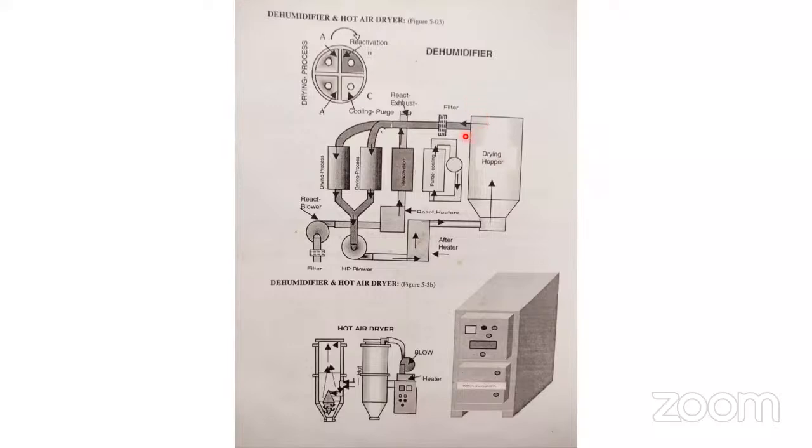And in some cases, suppose polypropylene, polyethylene, a hot air dryer can work there. Nothing will happen. Now, see, there are 4 compartments in the dehumidifier. Each compartment has a function to absorb the moisture from the material, because without this we cannot process nylon, polycarbonate. These are the materials. ABS material absorbs the water.